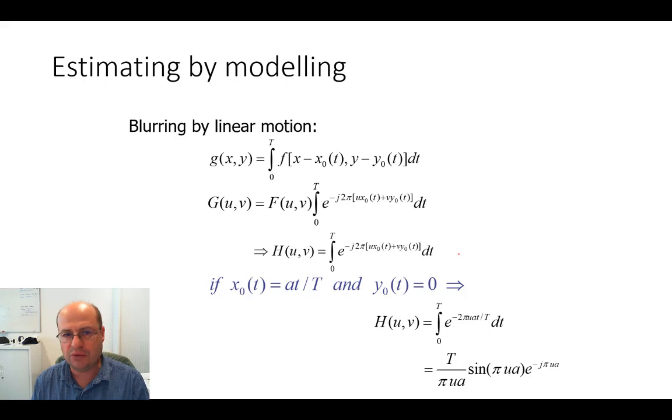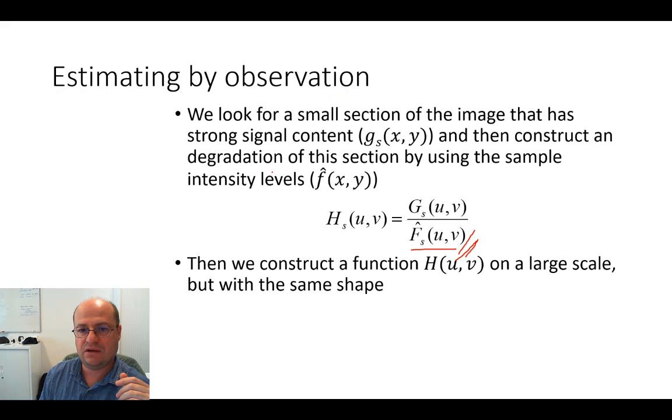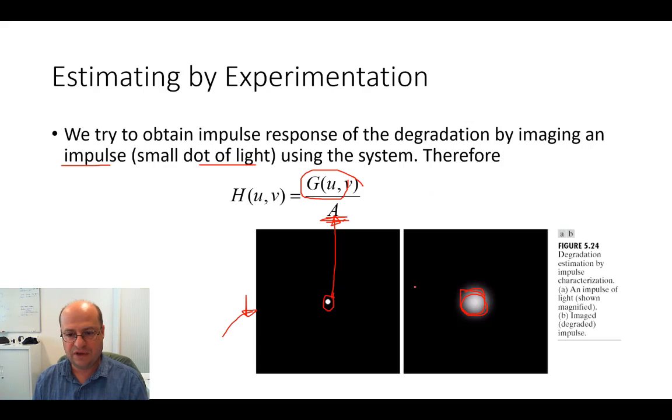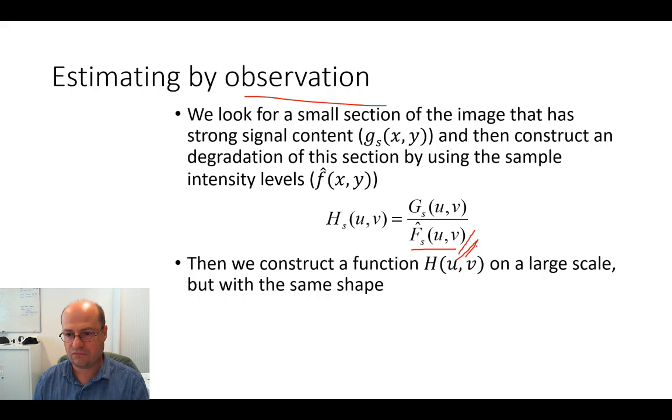All right, let's go a little bit further about the estimation by modeling. You can model your linear motion, right? So this estimation by observation is where you observe a small section.